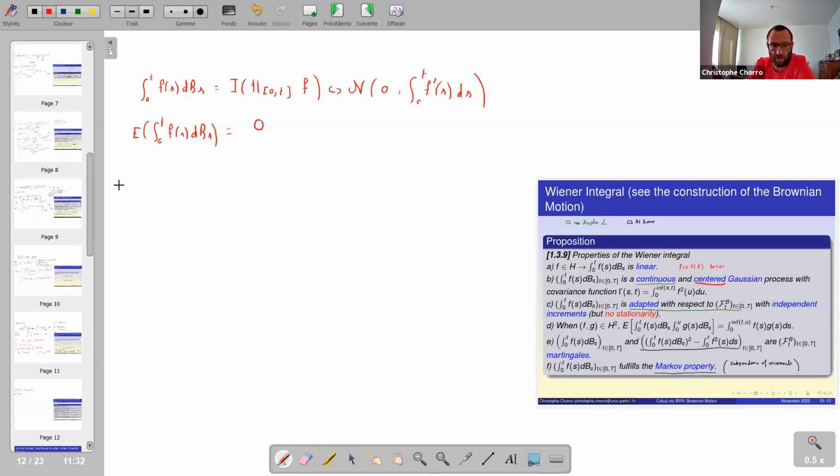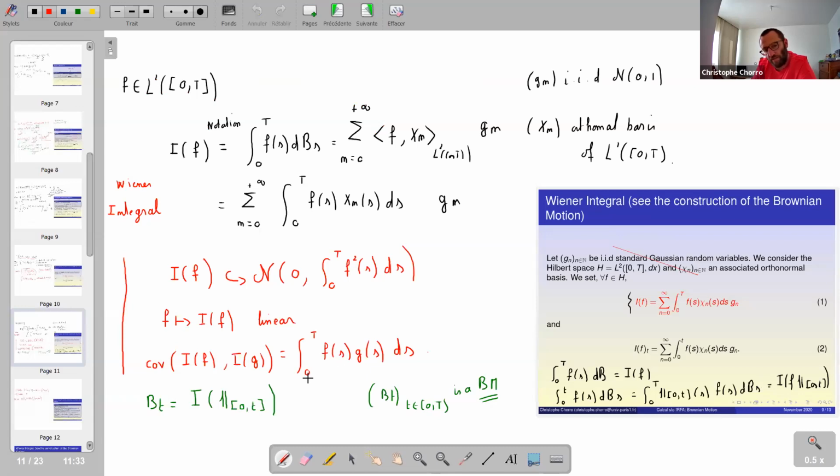For the variance covariance function, since I am centered, it is just equal to the expectation of the integral between 0 and t of f(u) dB_u times the integral between 0 and s of f(u) dB_u. And I know from what I have reminded previously that the covariance between two Wiener integrals, between two capital I, is exactly the integral of the product of the integrands.